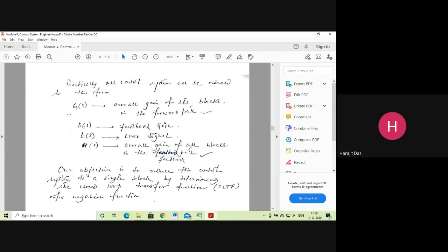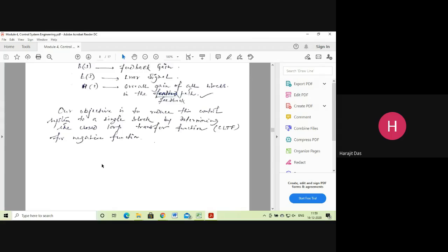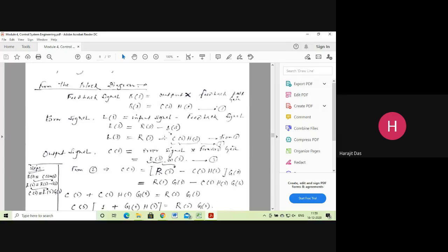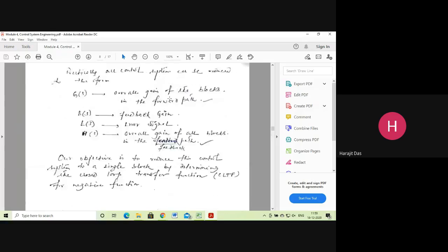So I think now you can remember what these R(S), B(S), E(S), H(S) are. Here the merging of this G(S) and H(S) is mentioned, how to do it. We will be doing it by this process. From the block diagram, I will not show you this again and again.